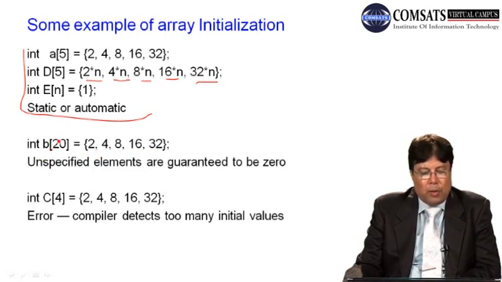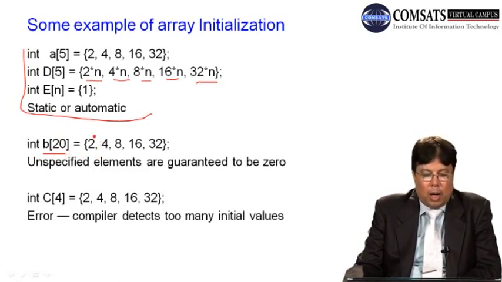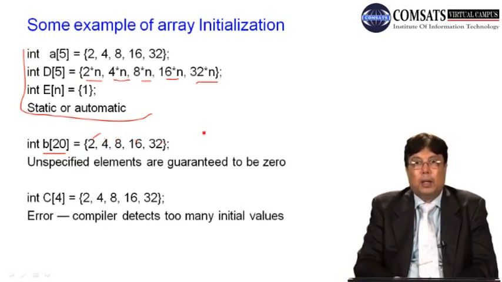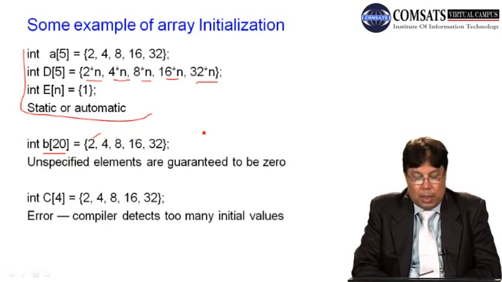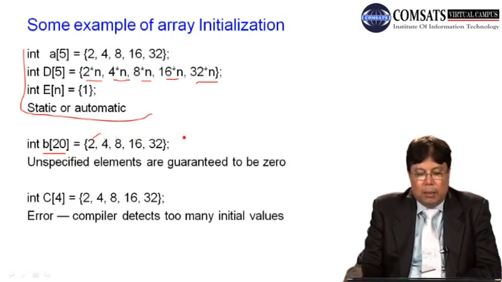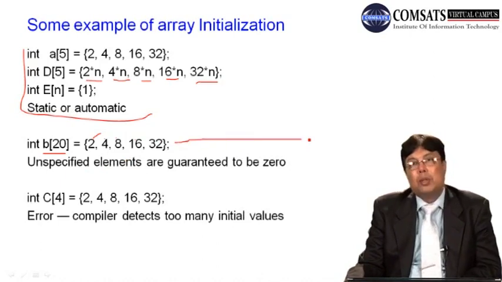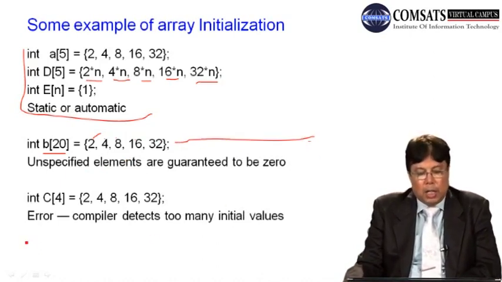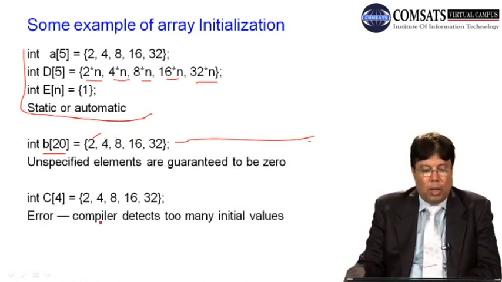Now you have defined the size of an array is equal to 20. But the number of elements that you are providing are only 1, 2, 3, 4, 5. Okay, only 5 elements here. So what will happen to the remaining elements? The remaining unspecified elements are guaranteed to be 0.